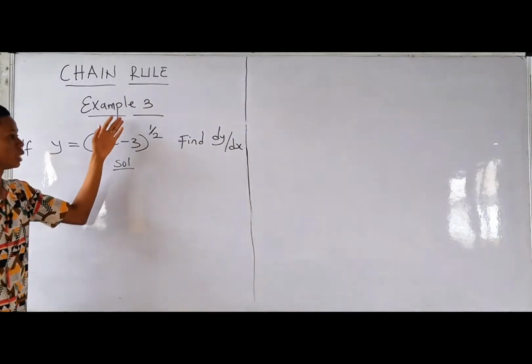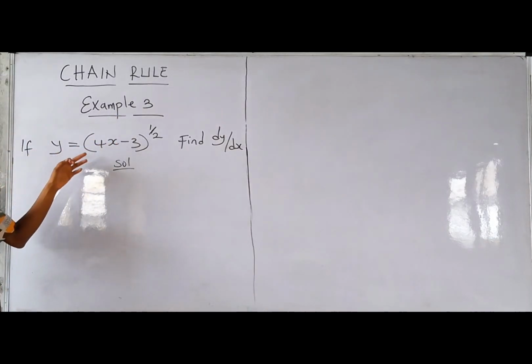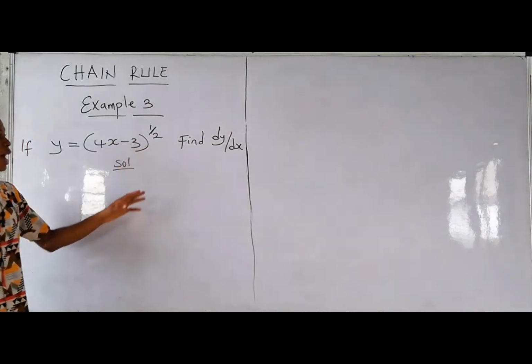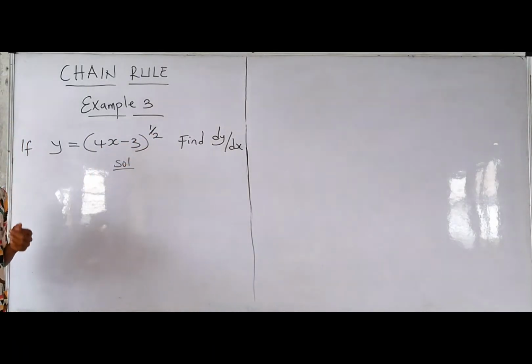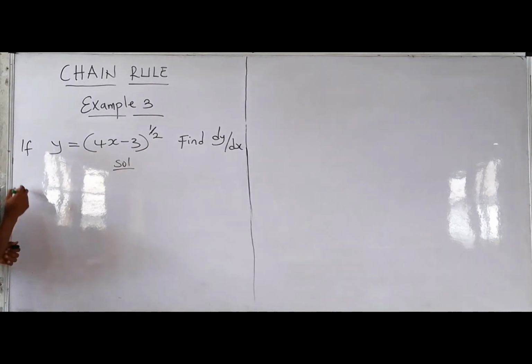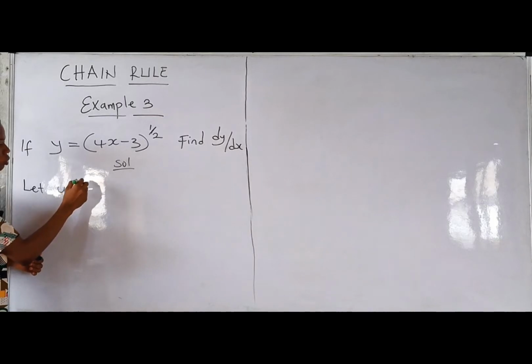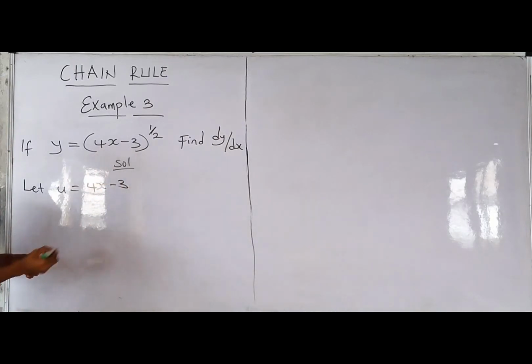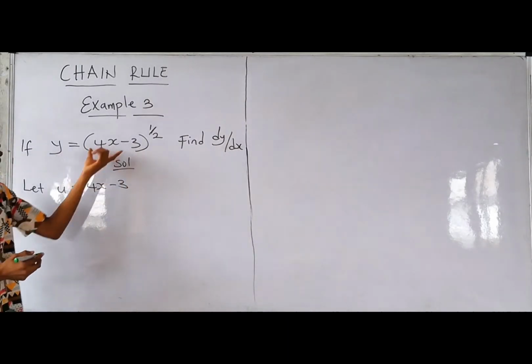Now, example 3. If y equals 4x minus 3 all raised to power half, find dy dx. Now, just like we said, let u be equal to what? Everything in the bracket, right? So let u represent 4x minus 3.